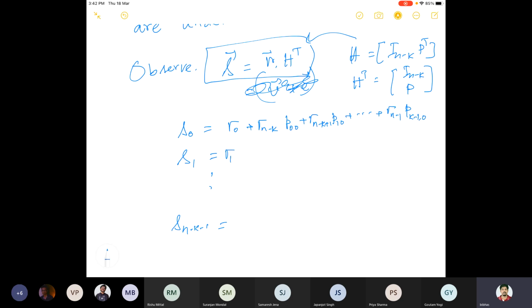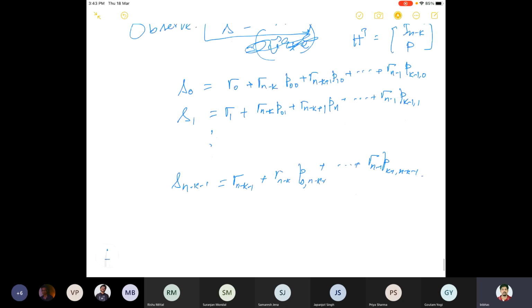Then S1 will be R1 plus R n minus k P01 plus R n minus k plus 1 P11 plus dot dot dot R n minus 1 P k minus 1, 1, and it goes on, until S n minus k minus 1 is R n minus k minus 1 plus R n minus k P 0, n minus k minus 1 plus and so on, R n minus 1 P k minus 1, n minus k minus 1.